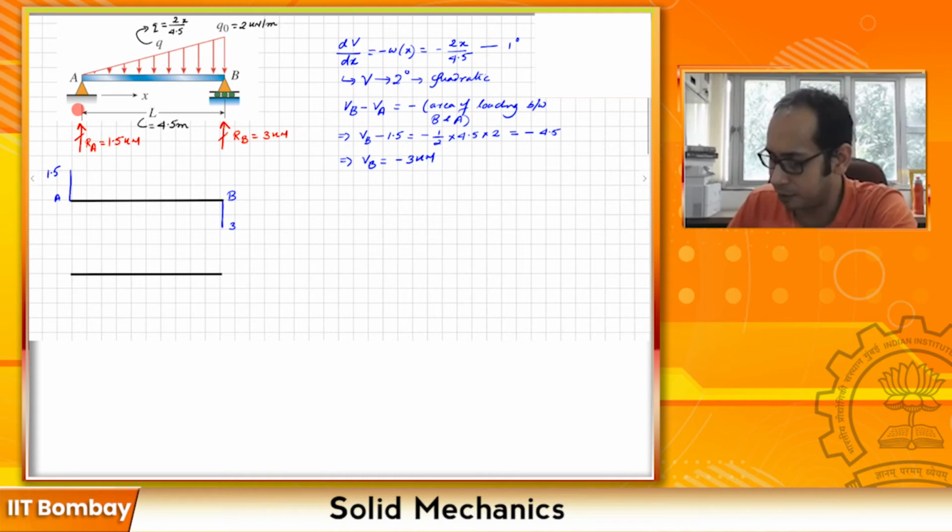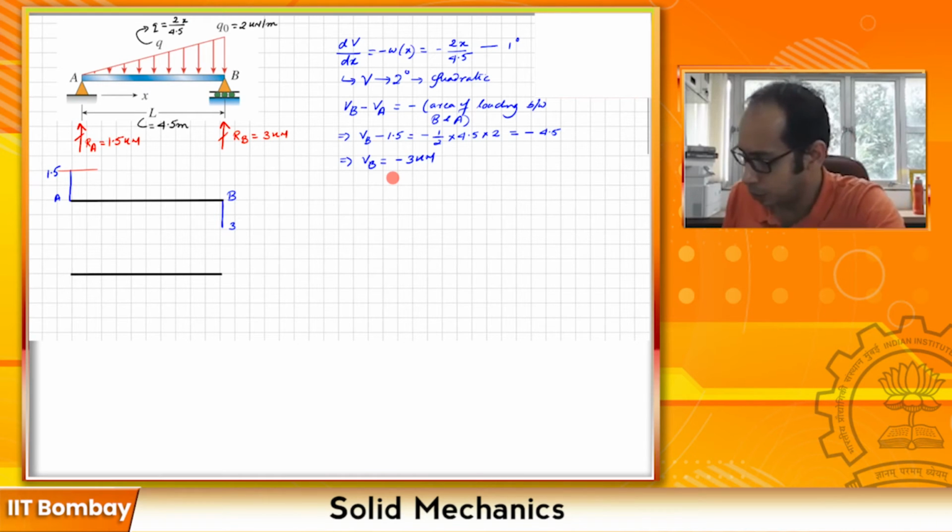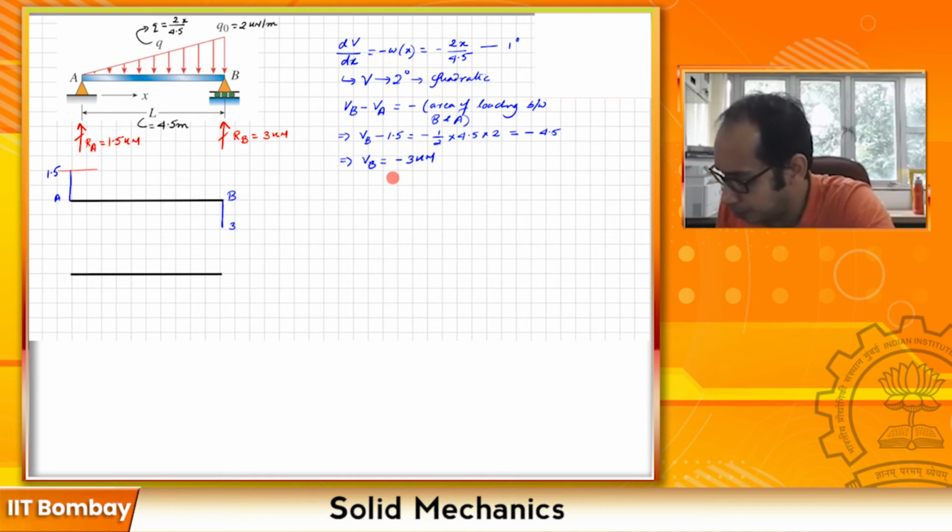So you are going to have 0 slope over here, whereas here at B you are going to have a slope of minus 2, because it's minus of w at x at B. So that is equal to minus 2 over here. So let me just draw the quadratic shear force diagram and then I will mark the slope. So this is how my shear varies.